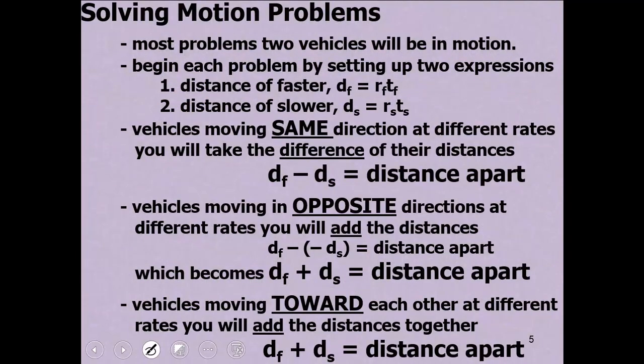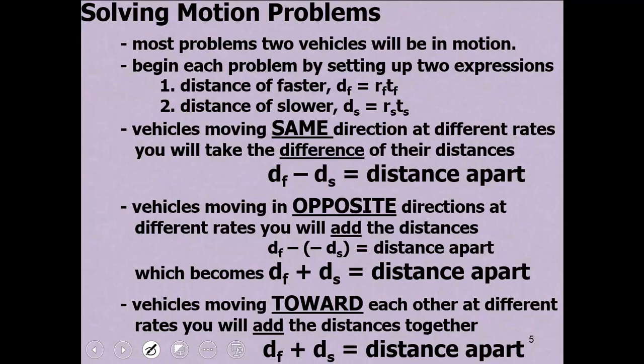All right. The next type of problems you're going to be asked to solve in your homework tomorrow are called motion problems. In general, you have two vehicles moving in some kind of relationship to each other. So two vehicles will be in motion. Begin each problem by setting up two expressions.